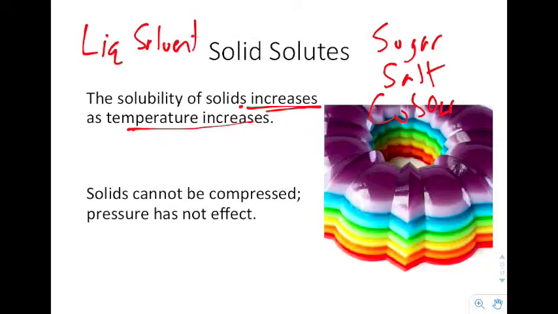But if we're talking about a liquid solvent, as you increase the temperature of that solvent, you will allow more of these things to dissolve. And the reason why is as you increase the temperature, you give these things more energy to rotate. And as these molecules rotate, the positives and the negatives can align up more and they can dissolve more of the solute. So, as you increase the temperature, the amount of solid solute will increase.